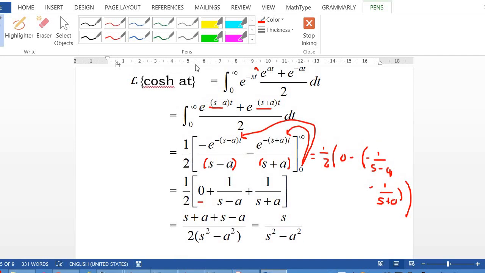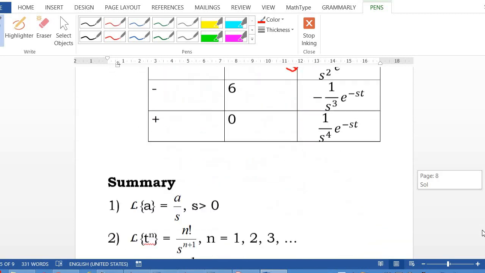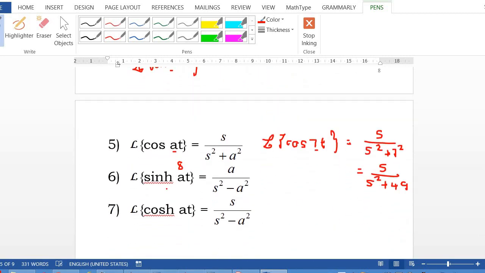You notice that the Laplace transform for normal cos at is s over s squared plus a squared. For hyperbolic cos, the plus here changes to negative. Let's see: Laplace transform of cos at is s over s squared plus a squared. Laplace transform for hyperbolic cos at is s over s squared minus a squared.